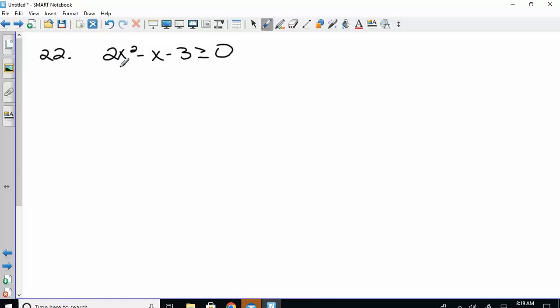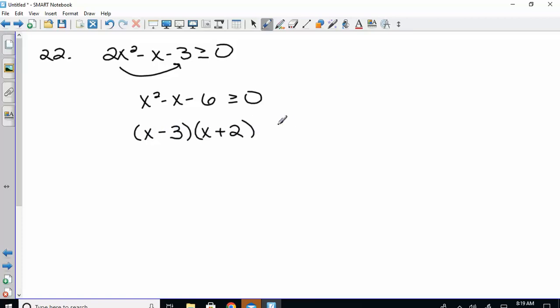Slip and slide. So if we bring this down, that's x squared minus x minus 6. So that factors into x minus 3, x plus 2. But then what do you have to do? Divide by 2. So we get 2x minus 3, x plus 1.